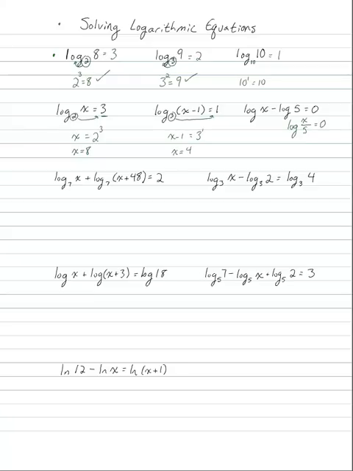Now I can try writing exponential form. My base is 10, so I can take my 10, swing it over, and pop up that 0. I get 10 to the 0 equals x over 5. 10 to the 0, well, anything to the 0 is just 1, so x is just going to equal 1 times 5. Multiply my 5 over. And that's it.